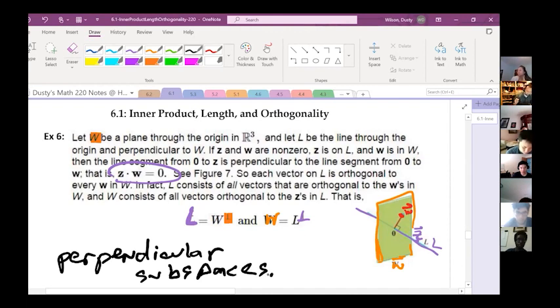And once again, we would read this notation as L perp, short for the subspace that is perpendicular to L.